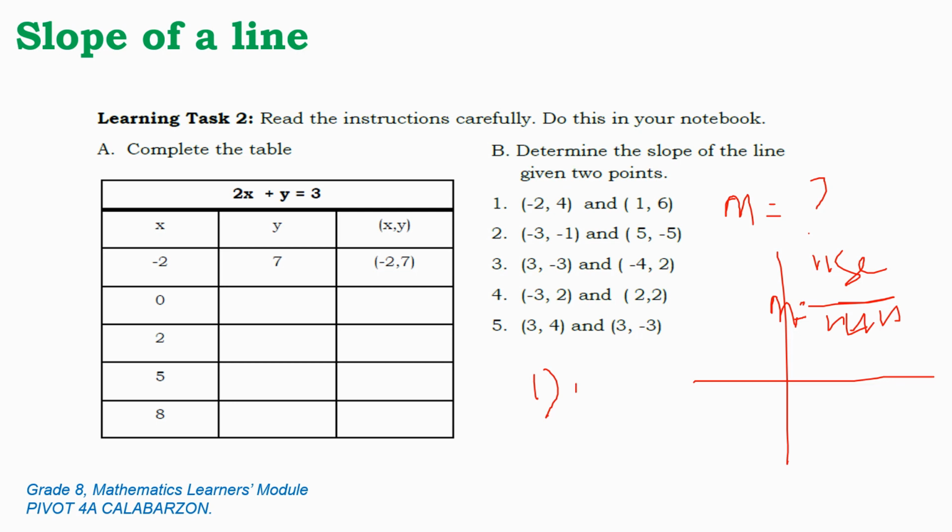So, M equals, so, okay lang to. Gamitin ko to. Yung point 1. So, first, 4, y sub 1, y sub 2, minus 6. Then, x sub 1, minus 2, then, minus 1.